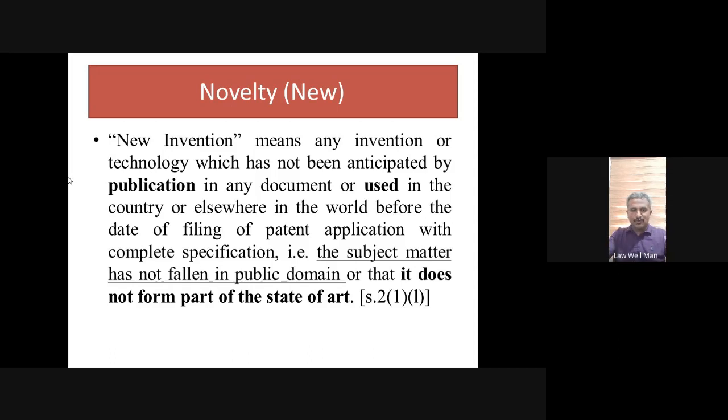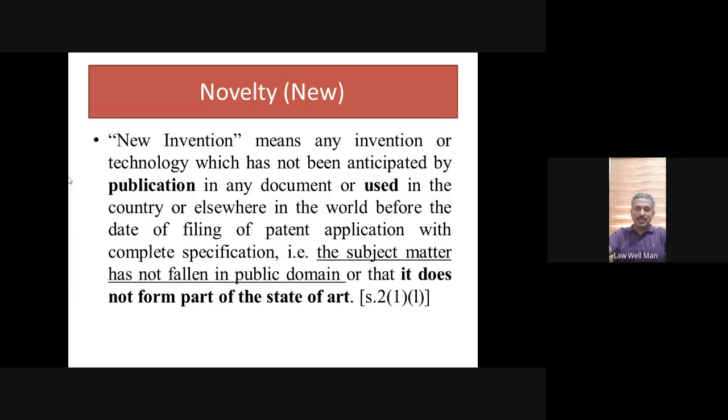Or in a more formal technical sense, it means that what a person is claiming a patent for should not be part of state of art. State of art is an important consideration there. State of art would mean the present state of affairs of the technological development in that particular area.